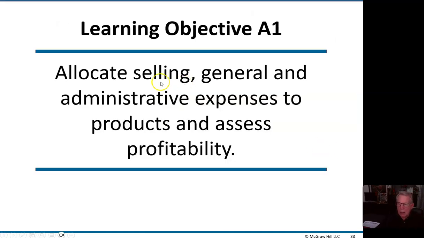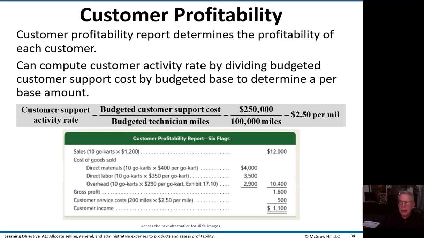Okay, now we'll allocate selling, general, and administrative expenses to products and assess its profitability. And here, the customer profitability report determines the profitability for each customer.